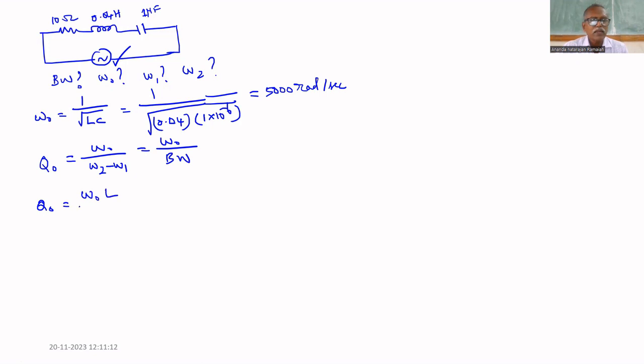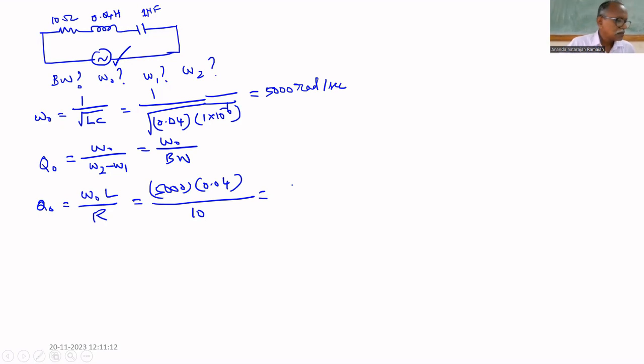Omega naught L divided by R. That is equal to 5,000 multiplied by L 0.04 divided by R, that is 10, equal to how much? Q naught equal to how much? 20. The quality factor equal to 20.